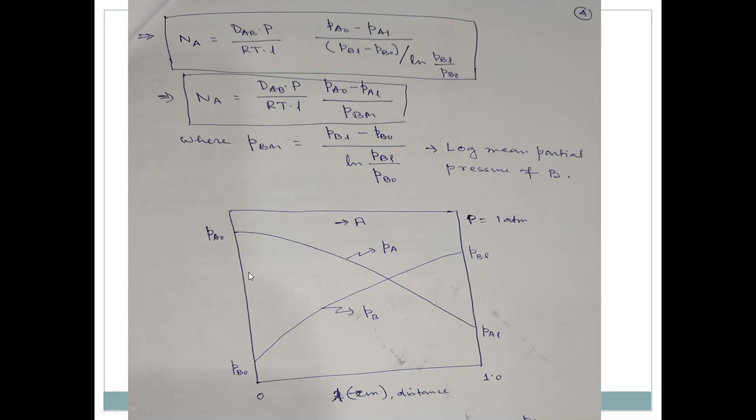And now in this case, as this is log mean partial pressure, the profile of partial pressure of A and partial pressure of B will not be linear, because this equation suggests that it should be non-linear, that will be in the logarithm part.